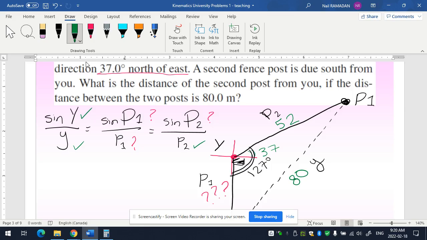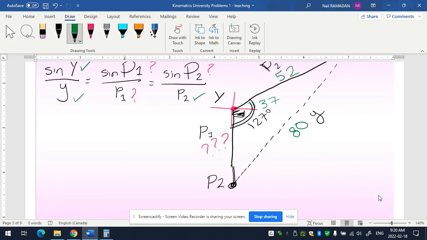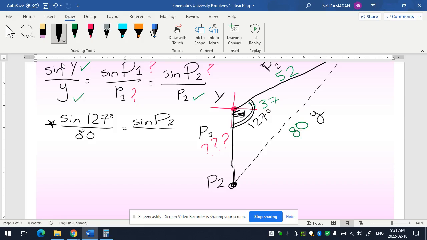All right. So everyone, let's do the sine law first step. Step number one is we're going to combine the Y fraction with the P2 fraction. So sine, how much is Y? 127 divided by a length of 80 must equal sine of P2, which we don't know yet, divided by P2, which is 52.